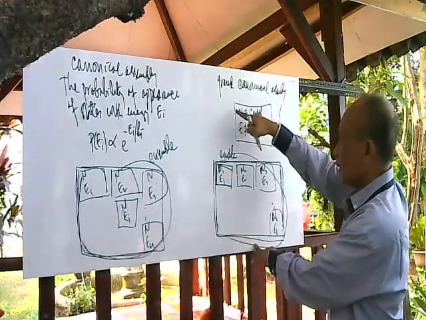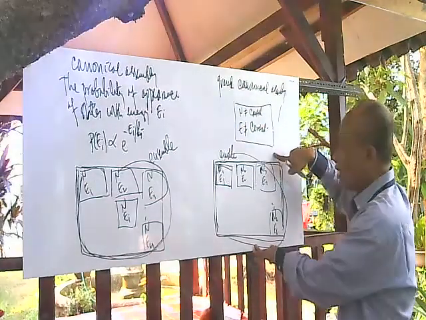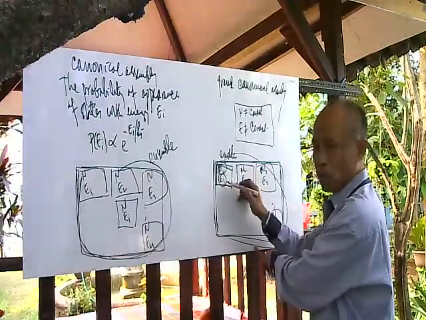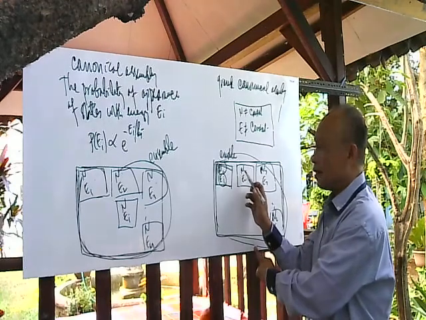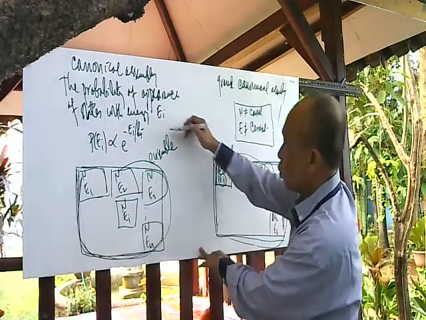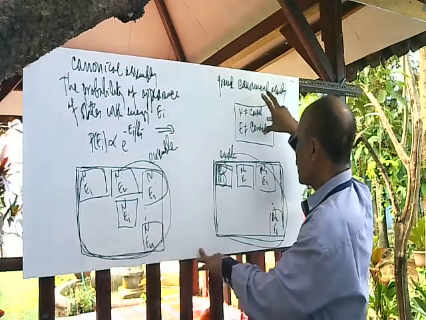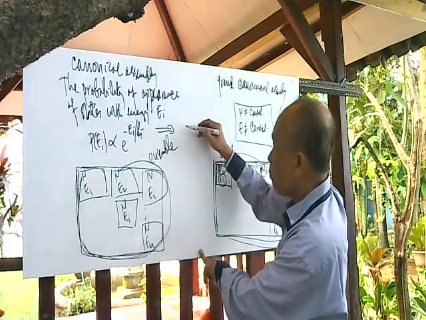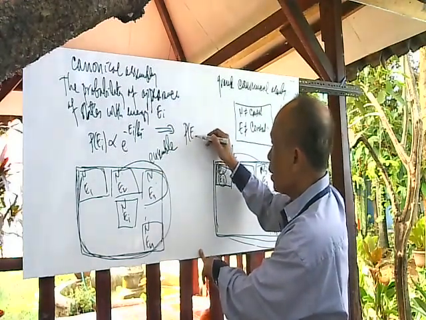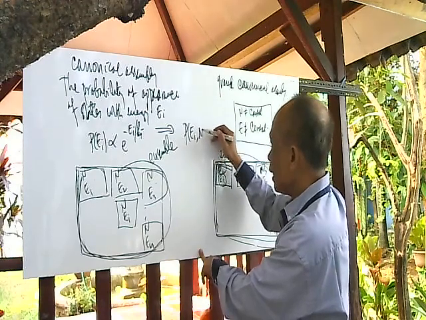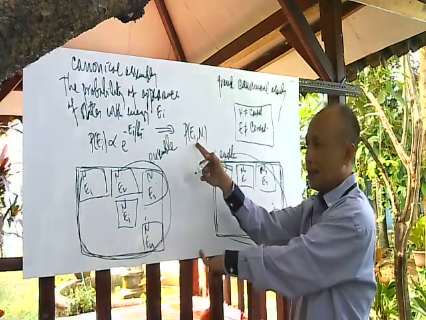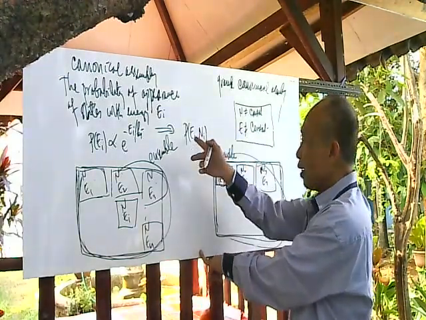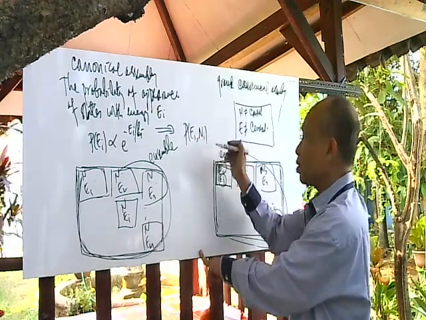Now, in case of grand canonical assembly, we have two parameters that are not constant, the energy and the number of particles. So we can use the same concept, but here the probability will depend on Ei and Ni, where Ei is the energy and Ni is the number of particles. Both are introduced because both are not constant.